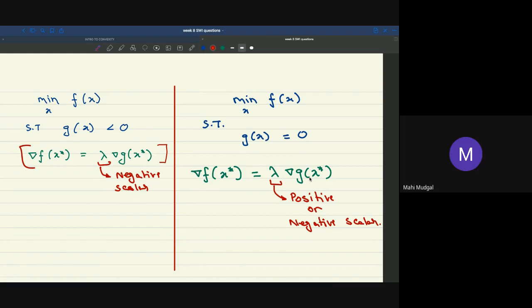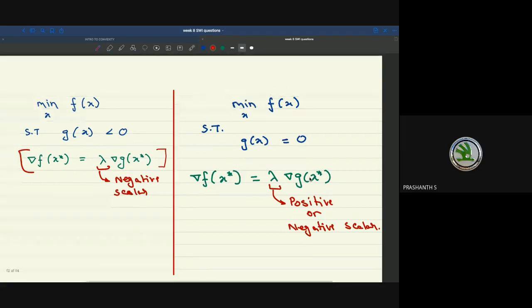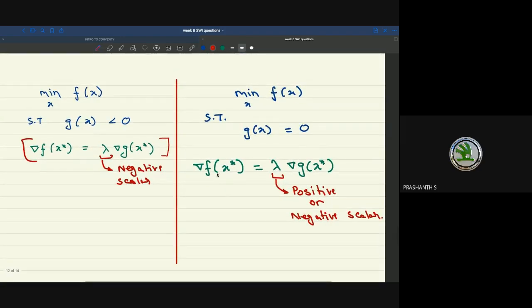Okay, sir. So what if g of x is less than or equal to 0? In that case, what can we do?